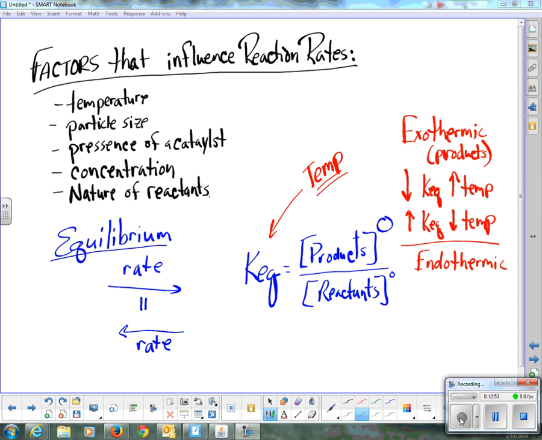Endothermic means I'm putting heat in on the reactant side. So if I want KEQ to go down, then this time I want to put the temperature down, because when I put the temperature down, it's going to force more reactants. If I want the KEQ to go up, then I'm going to increase the temperature.